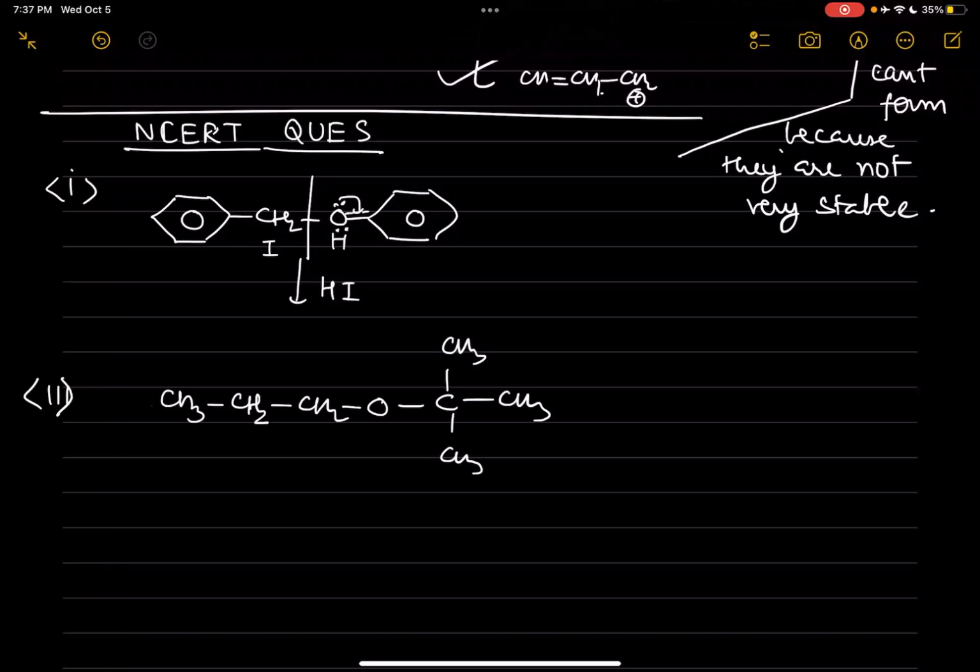Yes or no? It is not going to break because the oxygen is directly connected to benzene. It will delocalize its electron with the benzene, so it will have a double bond, and it is very difficult to break the double bond. So I'm breaking from this side, putting H on oxygen, and the CH2 bond will break, and I will put I on the CH2. That's how I'm going to get the answer.